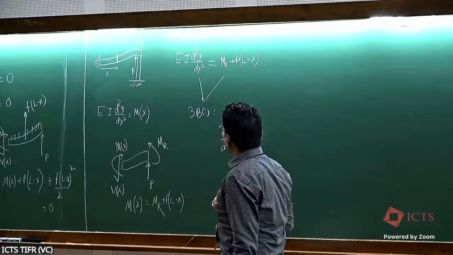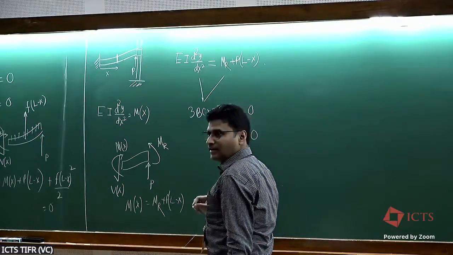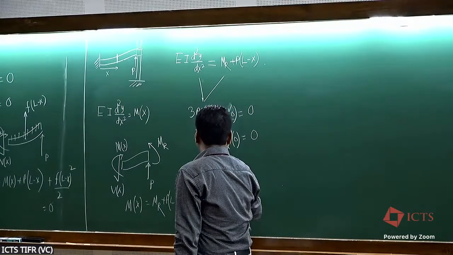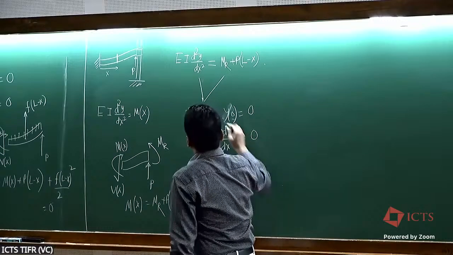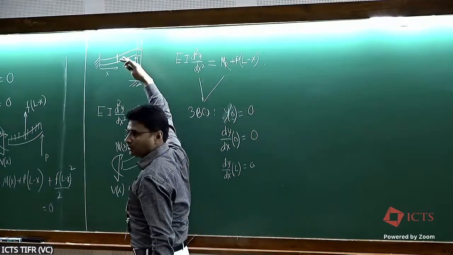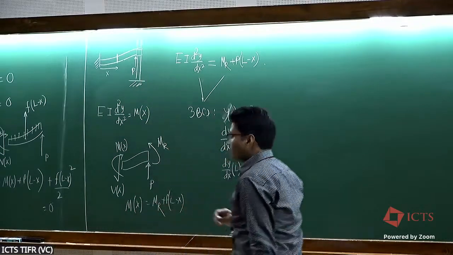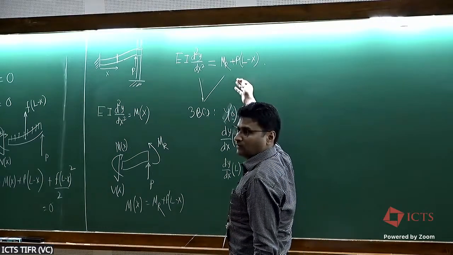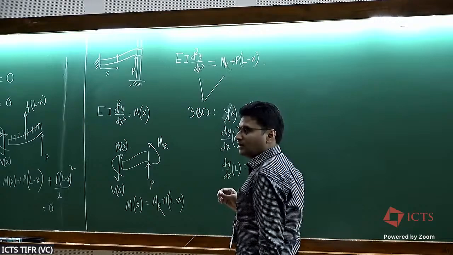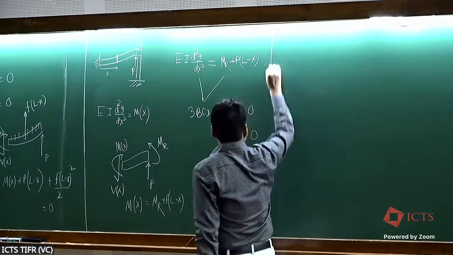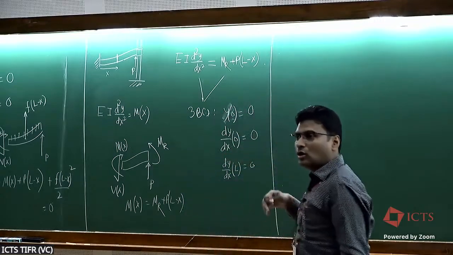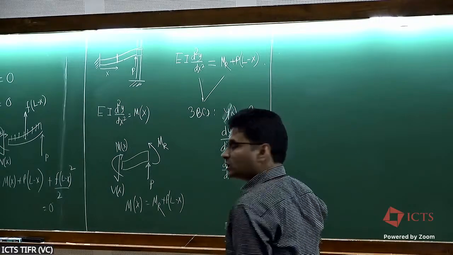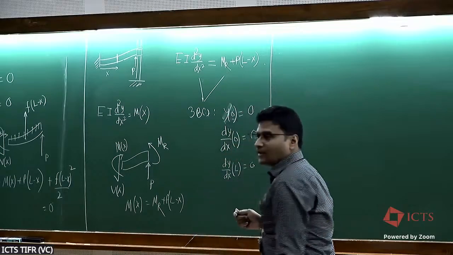Can you figure out the third one? Yes, dy by dx at L is also equal to 0, because it is not allowed to rotate here either. So with these 3 boundary conditions, you'll be able to solve for the deflection. You can cook up many more complex problems, and you will still be able to solve them.